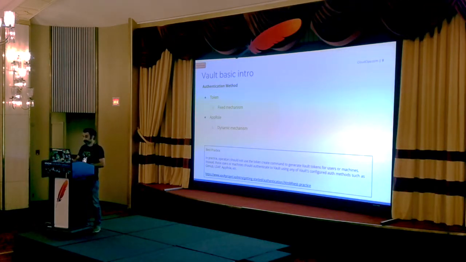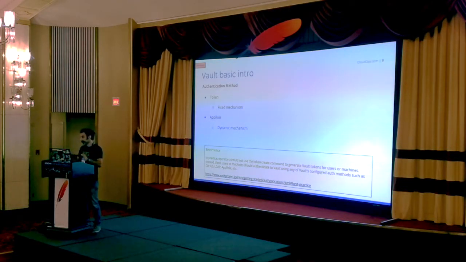So if an attack happens in between and someone gets a hold of that token, there is no TTL. The life cycle ends 10 seconds later, 30 seconds later. So the use of token should not be done unless you have a very good reason that you want to use token-based authentication.